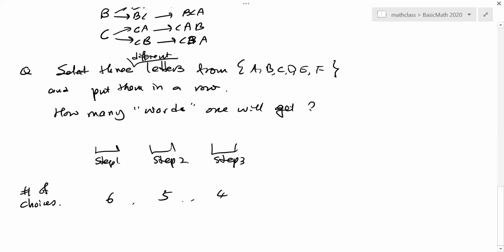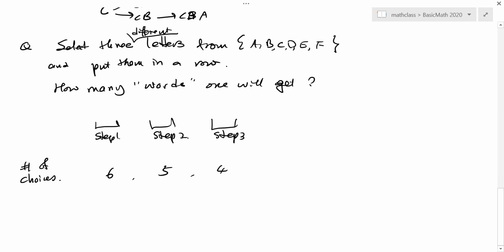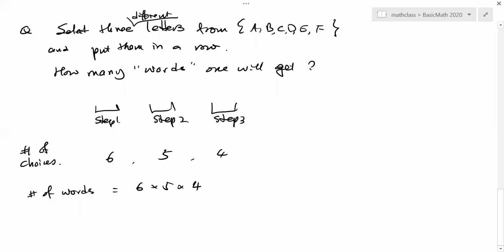So the number of words you're going to get is the product of those numbers. 6 times 5 is 30, and 30 times 4 is 120. So there will be 120 words.